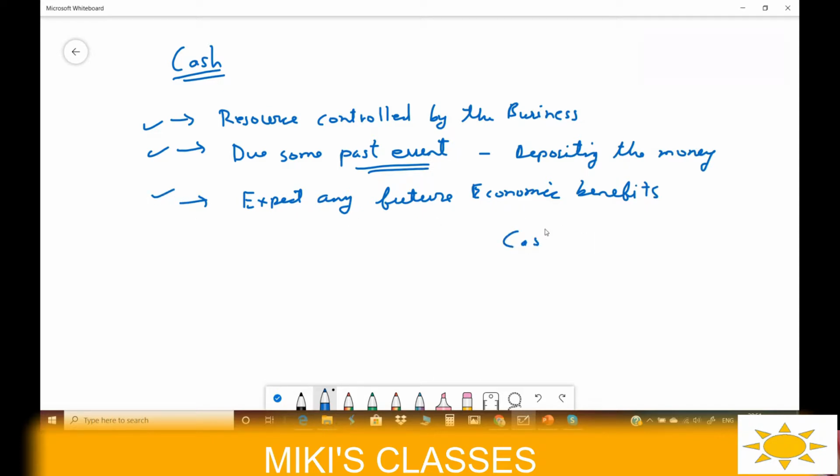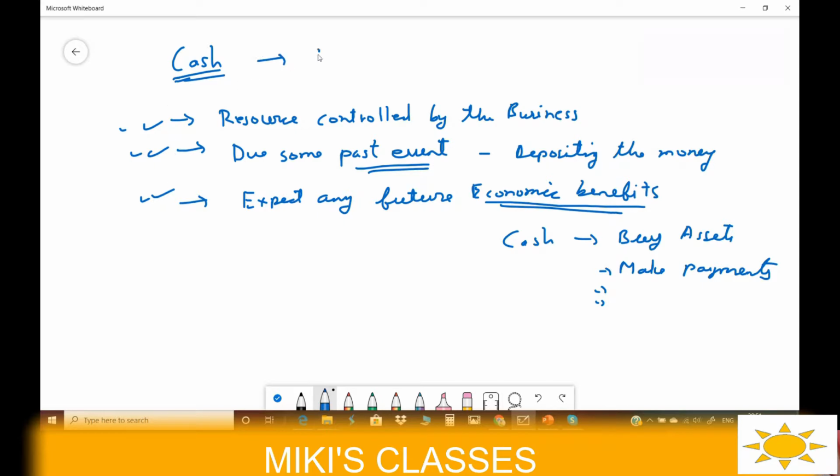Because with the cash, the business can buy assets, which is an economic benefit, or make payments, that is again an economic benefit. And with cash, a lot of other things can also be done, right? So cash has all the elements, 1, 2, 3, which makes cash an asset.